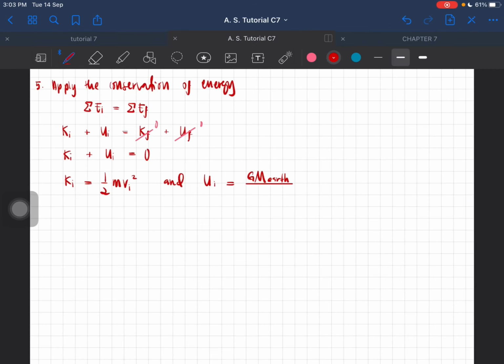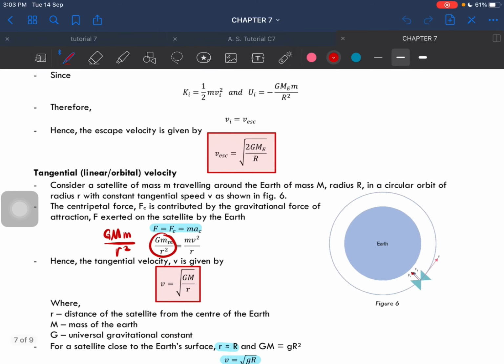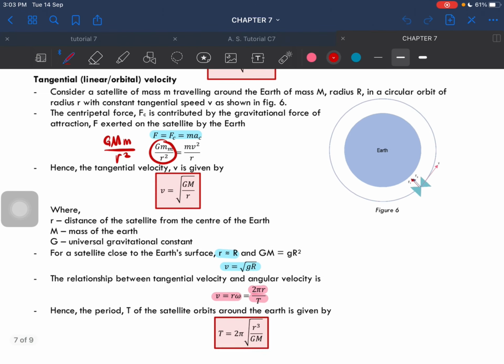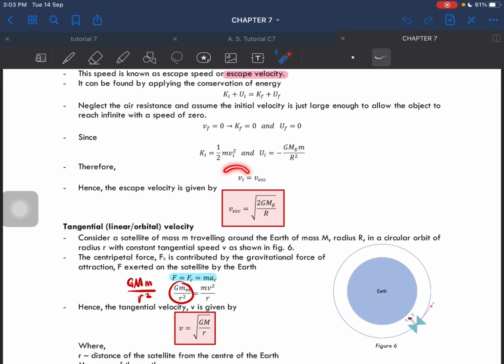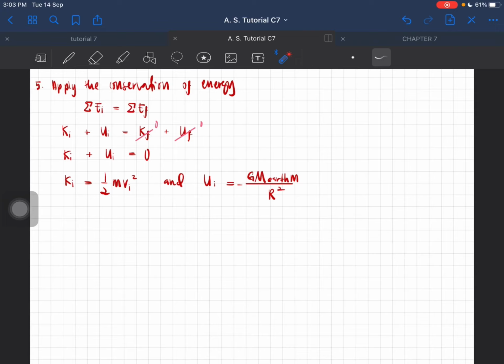I don't really remember exactly. The escape velocity is the initial velocity here. So half m v escape square plus negative G mass of the Earth m over r square equal to 0.